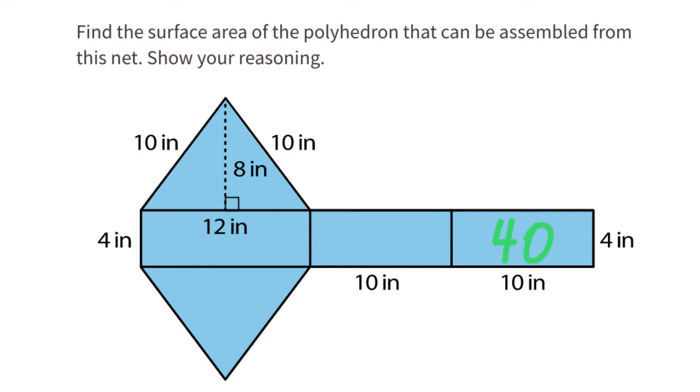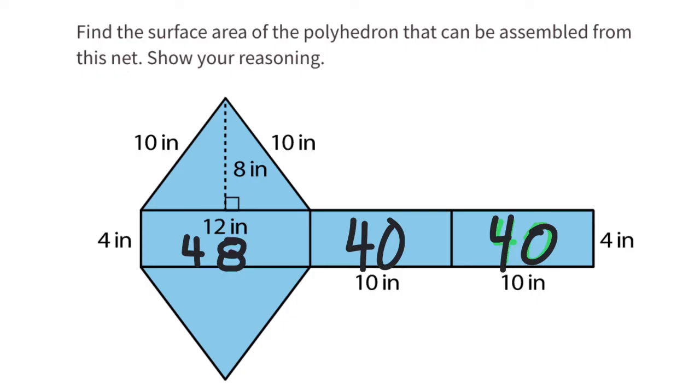Because I did 10 times 4. What about this rectangle? That's also 10 times 4, so that's also 40. And then this rectangle right here has a width of 12 and a height of 4, so it has an area of 48.